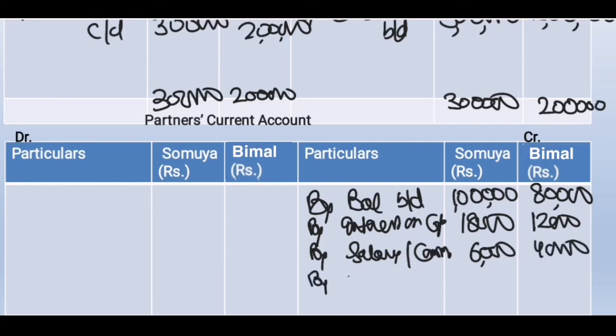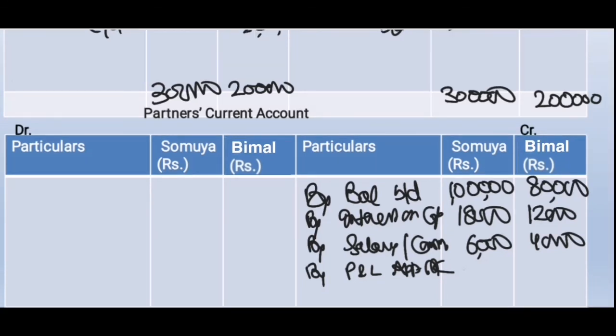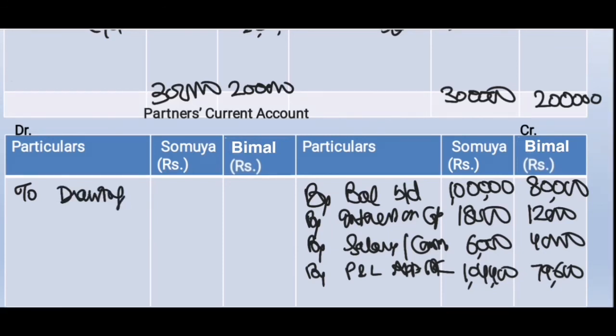Then share of profits by profit and loss appropriation account. The share of profit of both the partners was 1,04,400 for Soumya and 79,600 for Bimal.